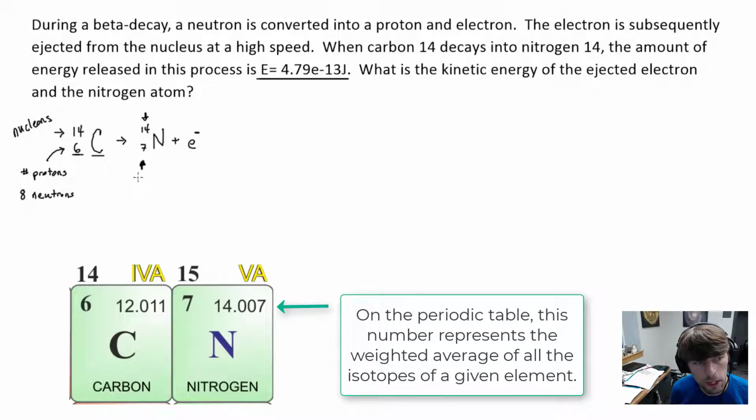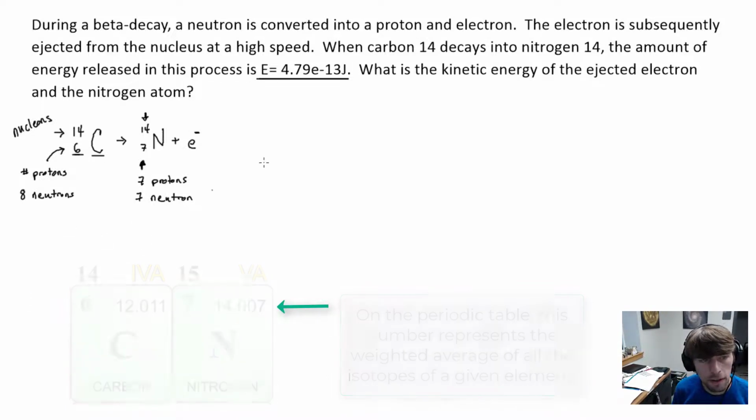In other words, now we have 7 protons and 7 neutrons. So in essence, what has happened here is that 1 neutron has turned into a combination of a proton and an electron. It's decayed into a proton and an electron. So that's physically what's going on here.